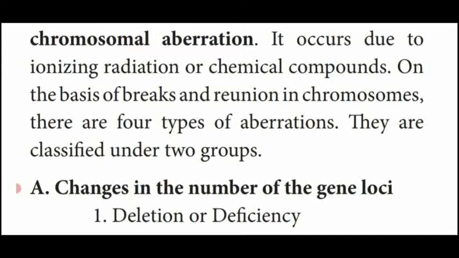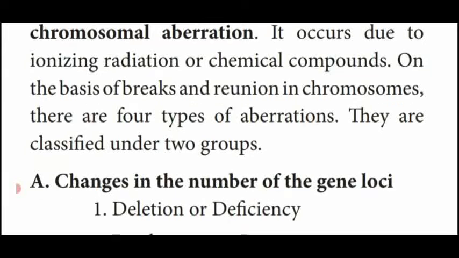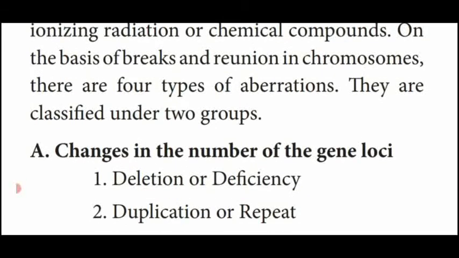So this chromosomal aberration in structure is divided into two categories. One is changes in the number of the gene loci, that means the place of the gene which is modified or changed.